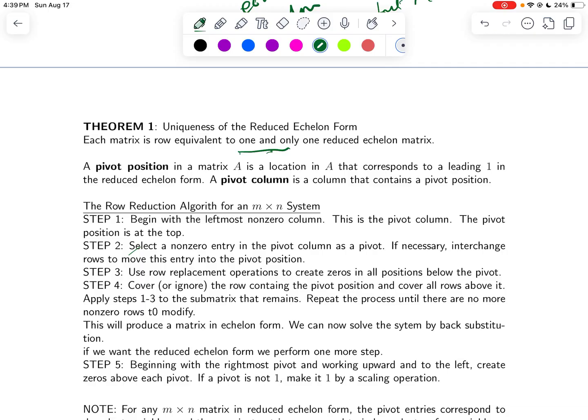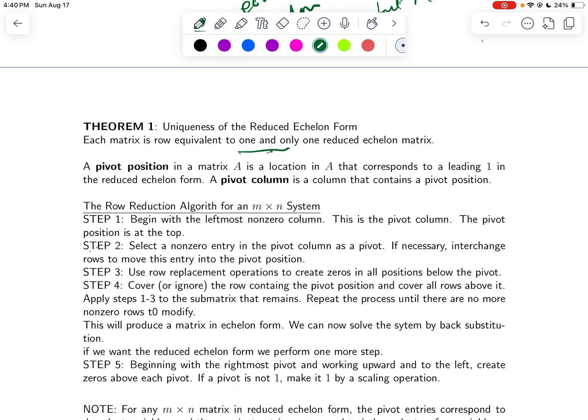Now remember, it will always be the first column that has the non-zero entry in the first position, which means the leading entry of the first row must be a non-zero value. This is the pivot column. So the first column is always going to be a pivot column, and the pivot position will be at the top.